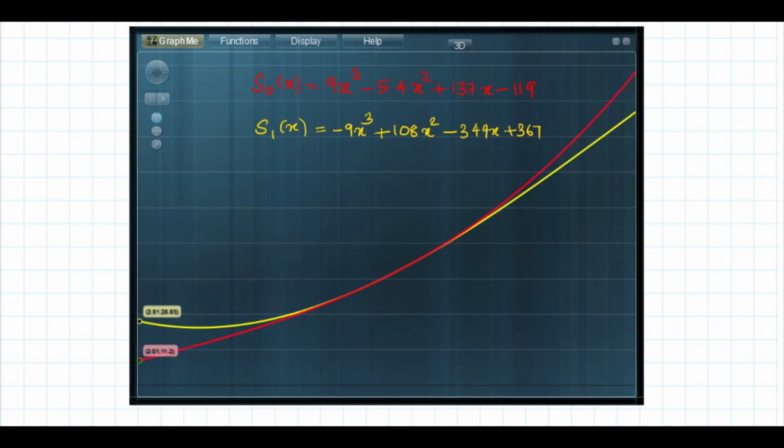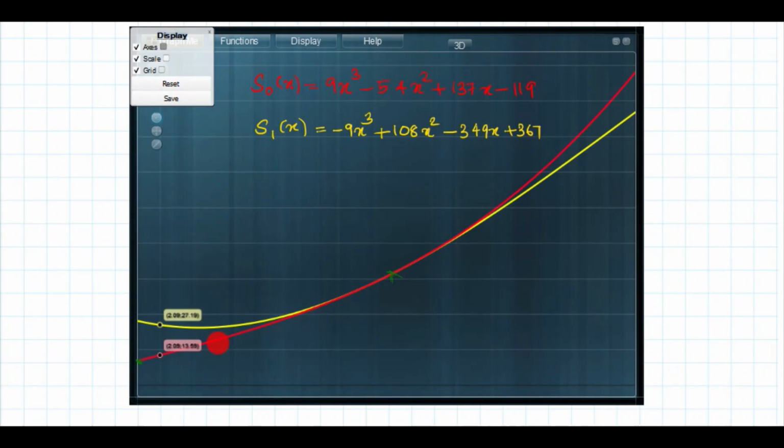The first one is this one, and the second one is at x value 3. Somewhere here. So between 2 and 3, you have to fit S0. Between 3 and 4, you have to fit S1. Okay, you are not going to fit a single polynomial in the entire range.